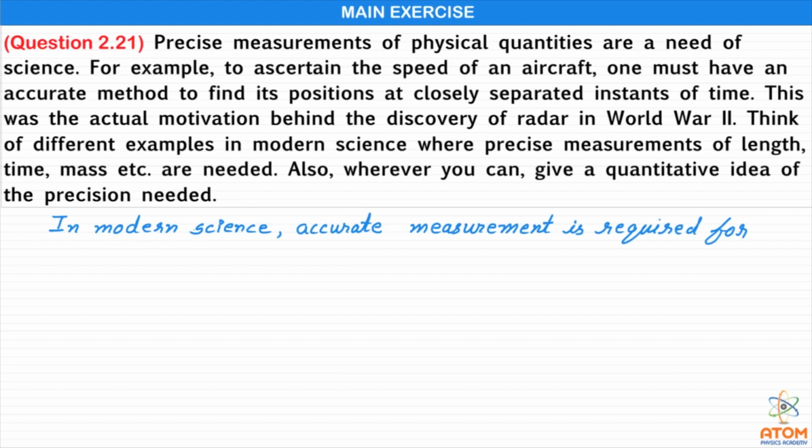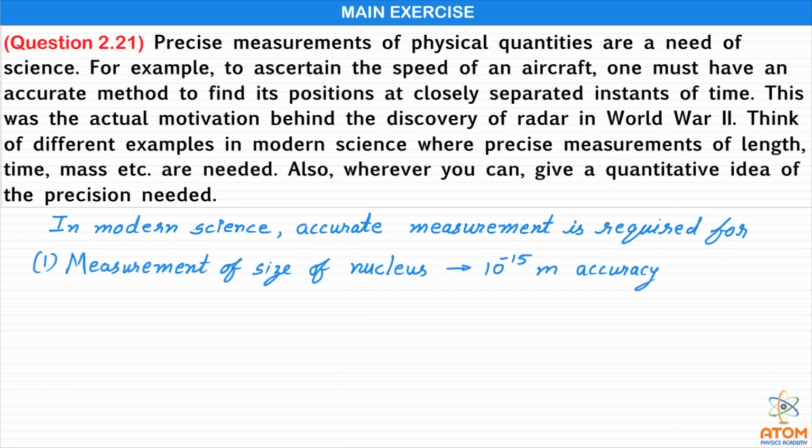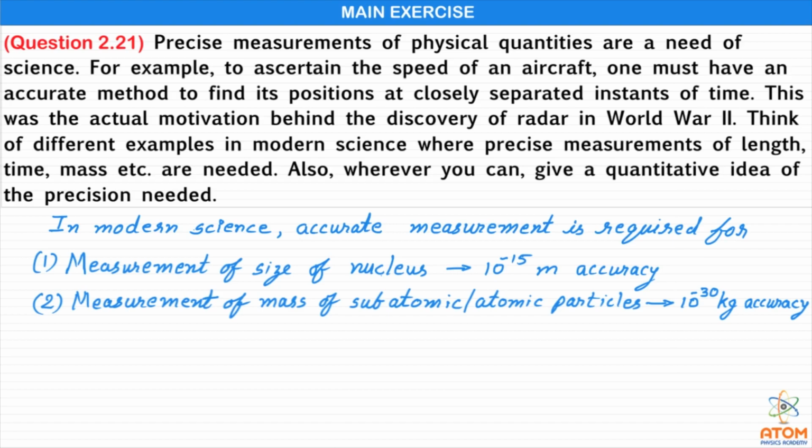In modern science, accurate measurement is required for, number 1, measurement of size of nucleus, where we require 10 raised to minus 15 meter of accuracy. Second, measurement of mass of subatomic and atomic particles, where we require nearly 10 raised to minus 30 kg of accuracy.